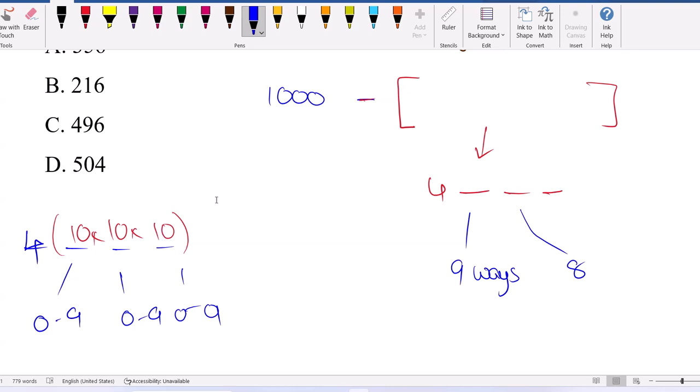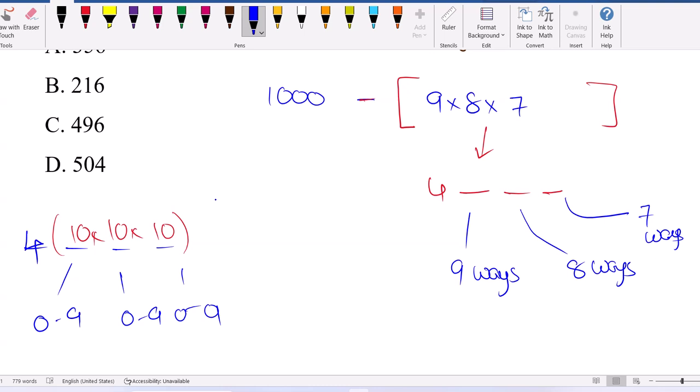There is no condition; in 10 into 10 into 10 repetition is allowed. Total means repetition allowed. But now I want without repetition. So that's why I'm worrying about 9 here, because I'm not involving 4. Here one digit is used, so this can be filled in 8 ways. Here already 2 and 3 are gone. So 7 ways. 9 into 8 into 7, which is 504.